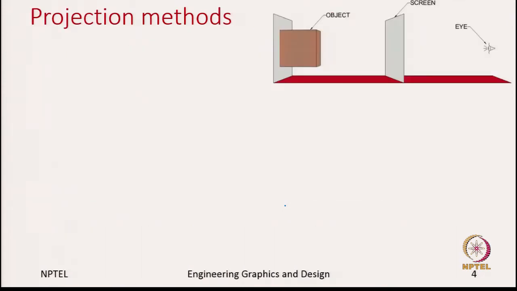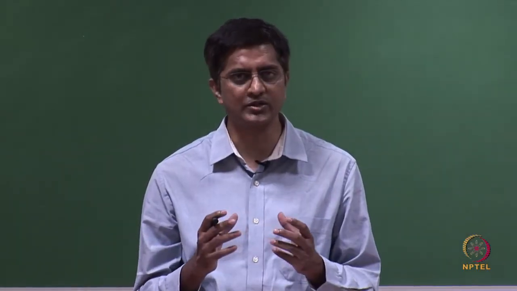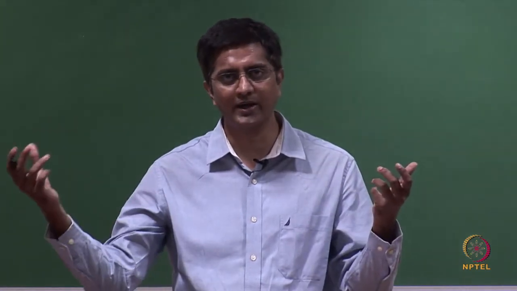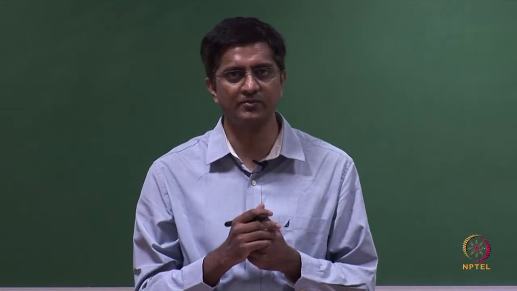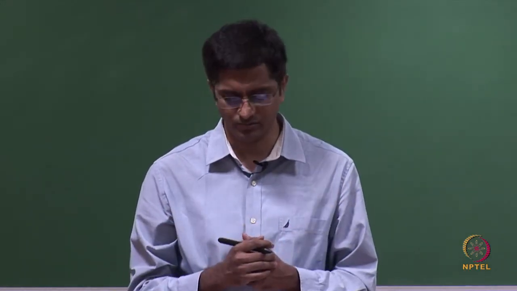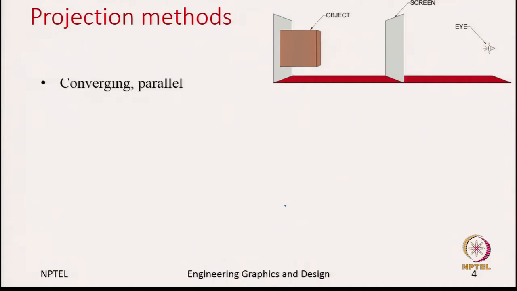Let us see what are the different possibilities we have. Though at first look it seems we have only 3 things, the object, the observer and the imaginary plane, there are numerous combinations we can think of. Let us look at 3 different categories one at a time, starting with the type of projectors.